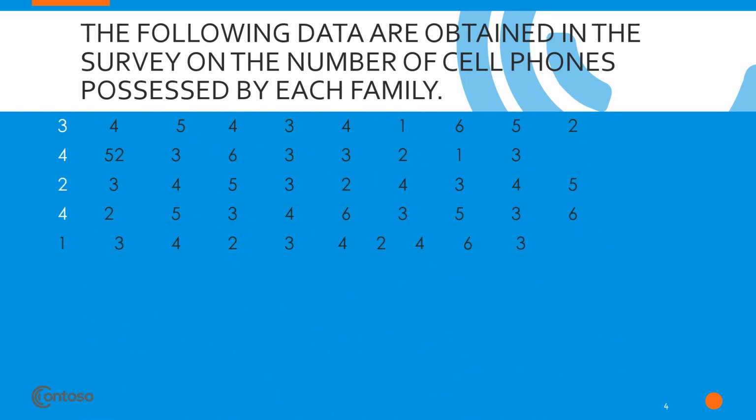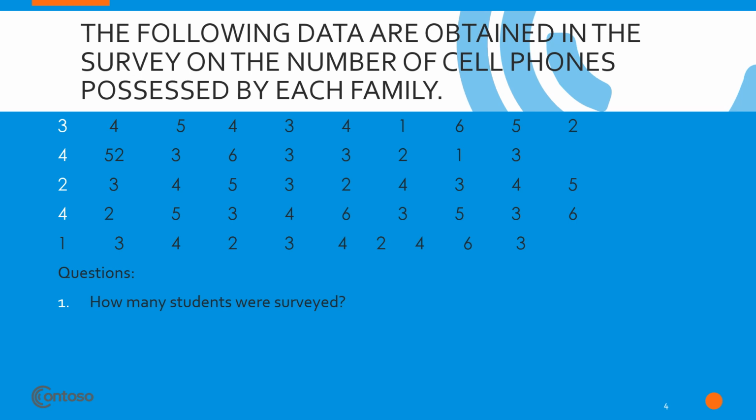And of course, here is the example. These are the following data obtained in a survey on the number of cell phones possessed by each family. Question: how many students were surveyed? If you count this one by one, there are how many? 5, 10, 15, 20, 25, 30, 35, 40, 45.